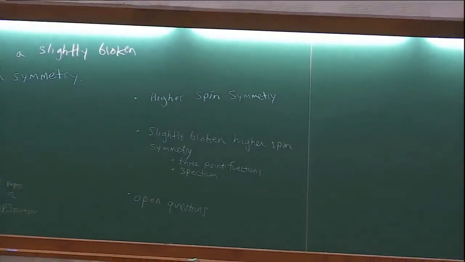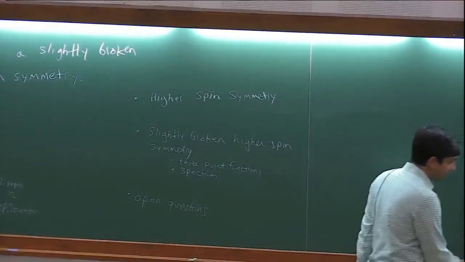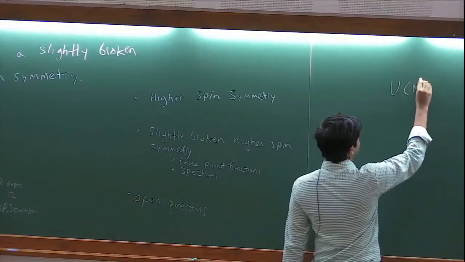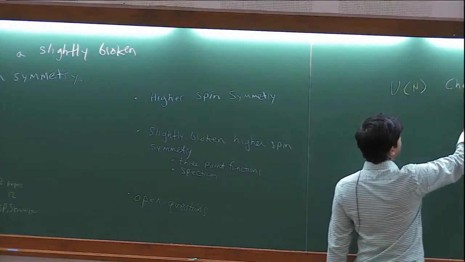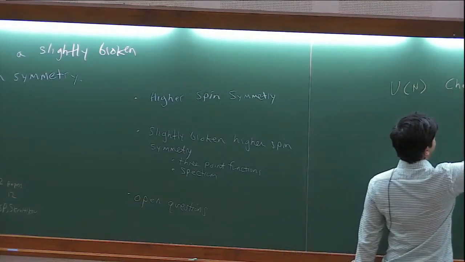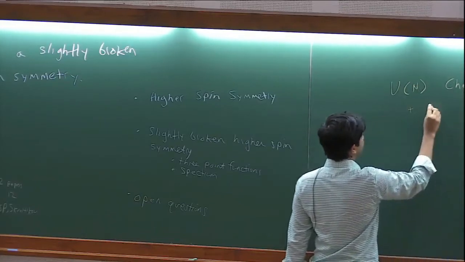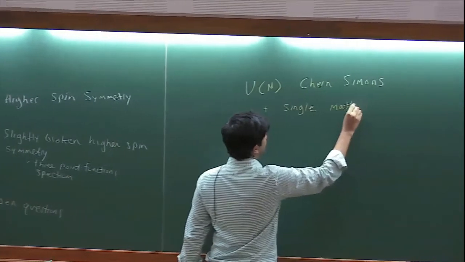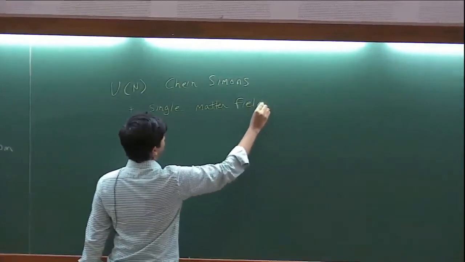The standard example of a theory with a slightly broken higher spin symmetry is N Chern-Simons plus a single matter field in the fundamental representation.